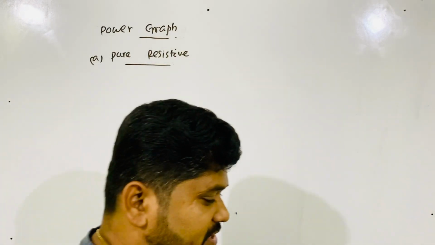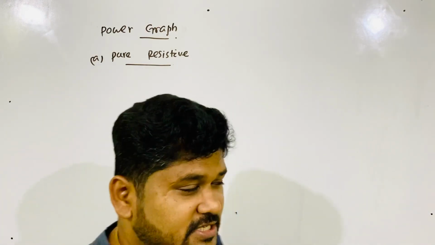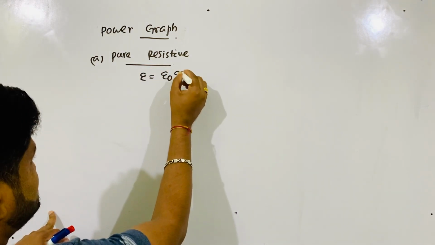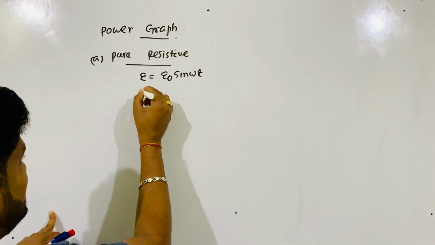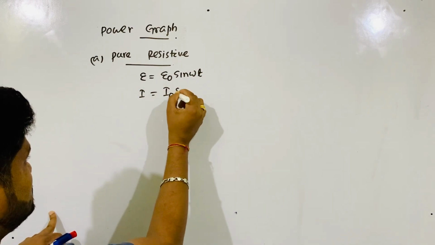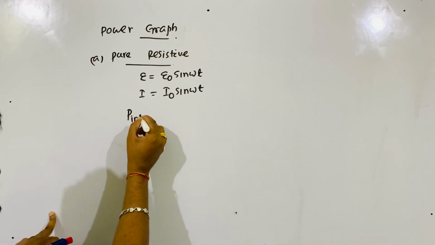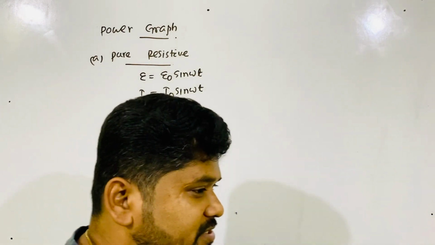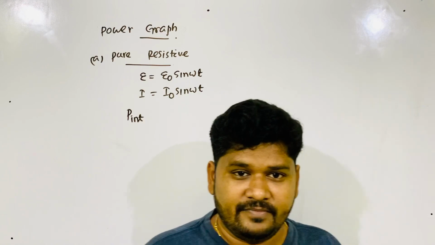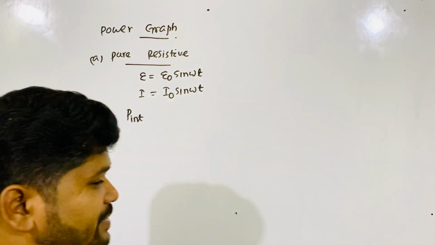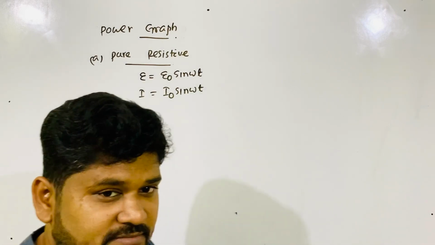Pure resistive circuit means only a resistor is connected, that you already know. So EMF E equals E naught sin omega t, and I equals I naught sin omega t. The instantaneous power graph means power versus omega t will be drawn. Power means instantaneous power. At every instant power is changing.